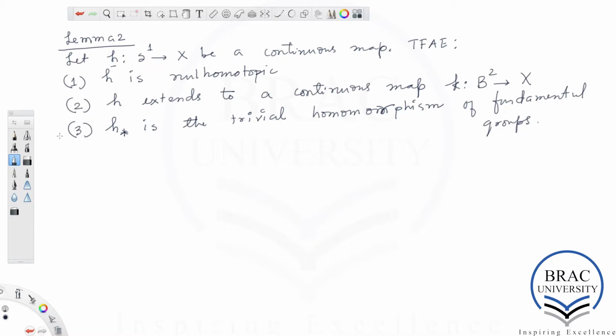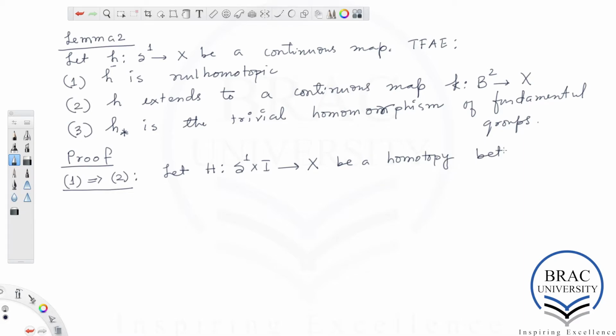All right, so let's prove that 1 implies 2. That's the first step. Here goes the proof. Let H from S1 cross I to the topological space X be a homotopy between this continuous map H and the constant map.